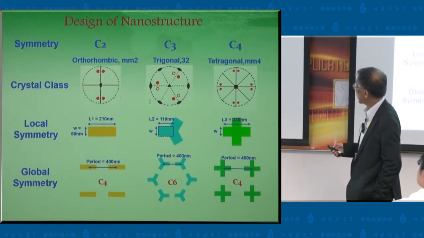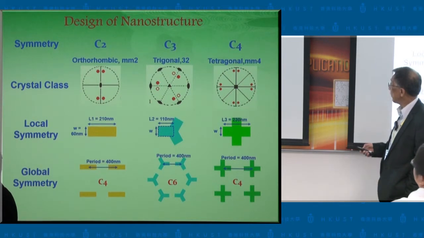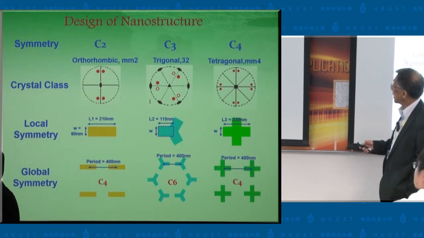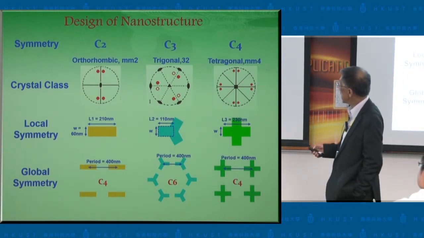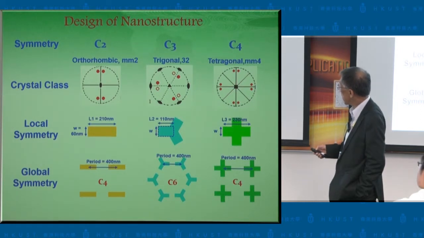These are the structures themselves, C2, C3, and C4. Here the C2 itself is orthorhombic, and we represent it with a rectangular structure, and the overall structure is repeated by 4, so from C2 it becomes C4.